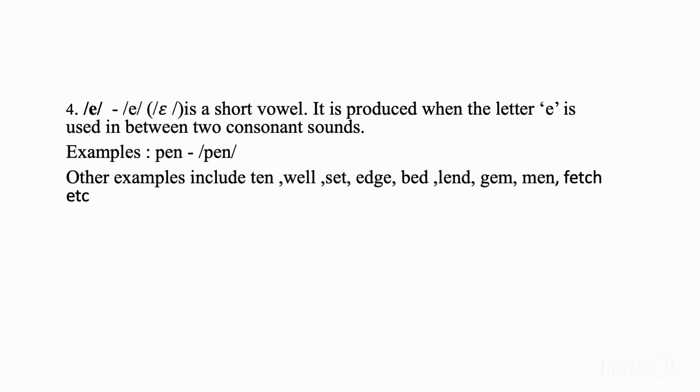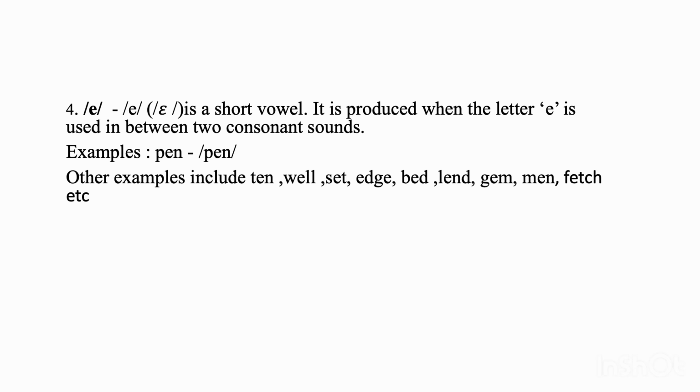And in other dictionaries or online sources, you are likely to see the one in the bracket, that is the A, when it is transcribed. So other examples include ten, well, set, edge, bird, lend, gem, men, fetch. And all these, you realize that you hear the S sound in it. So that is it for the fourth one.